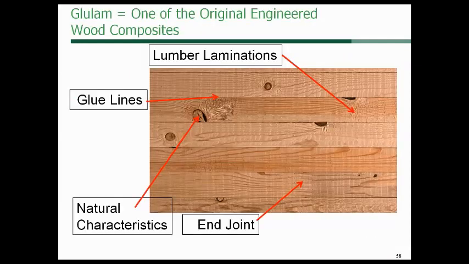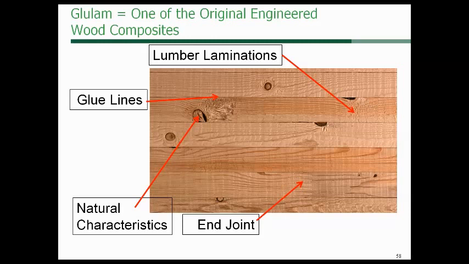One of the nice things about the Glulam is that it takes what is labeled in this picture here as a natural characteristic. Some might call it a knot or a strength-reducing characteristic, possibly. And it takes those natural characteristics and it spreads them out so that through the cross-section your defects are spaced out and they're not all concentrated in one area. So this makes for a more efficient cross-sectional design.